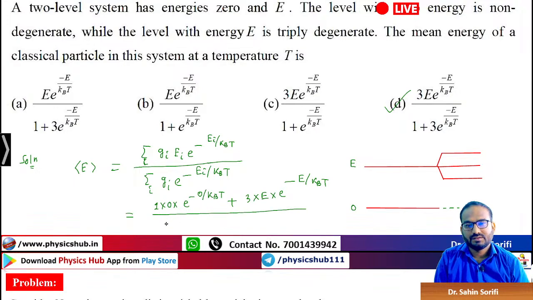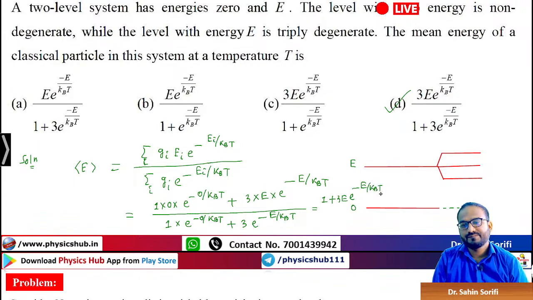Here this is 1 into e to the power minus 0 by kT plus 3 e to the power minus E by kT. So this is 1 plus 3 e to the power minus E by kT divided by 1 plus 3 e to the power minus E by kT. It is matching with option D.